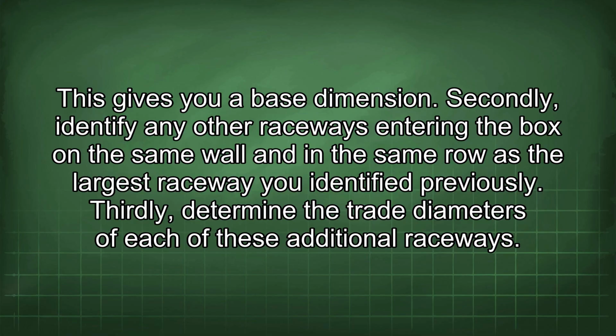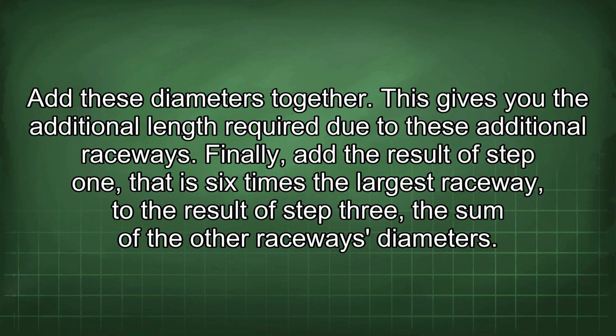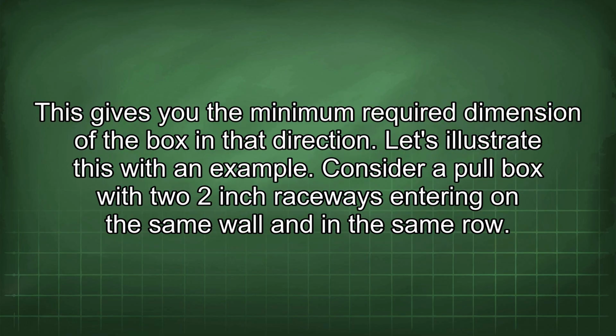Thirdly, determine the trade diameters of each of these additional raceways. Add these diameters together. This gives you the additional length required due to these additional raceways. Finally, add the result of step 1, that is 6 times the largest raceway, to the result of step 3, the sum of the other raceways' diameters. This gives you the minimum required dimension of the box in that direction.